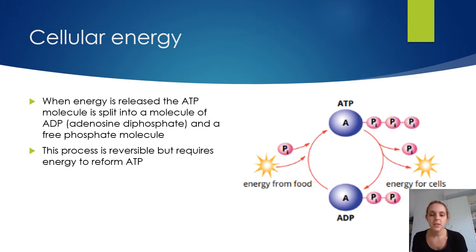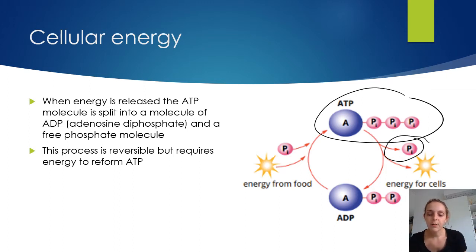This is how the ATP-ADP cycle works. So again, over here on the right, we've got ATP, you've got 3 phosphate molecules. When the cell needs energy, it's going to release a phosphate, and that's going to release some energy that can be used by the cell. That leaves us with ADP over here, which just has its 2 phosphates. And rather than breaking down another phosphate, the cell doesn't do that.